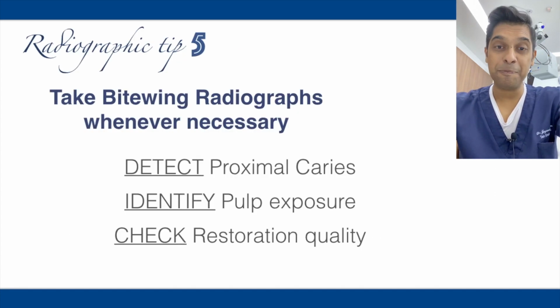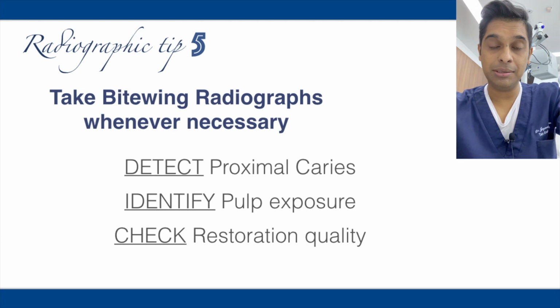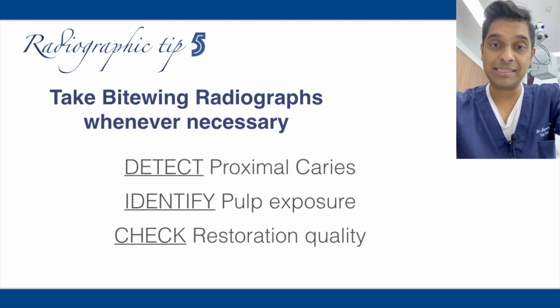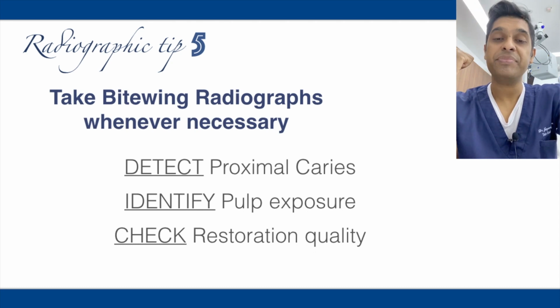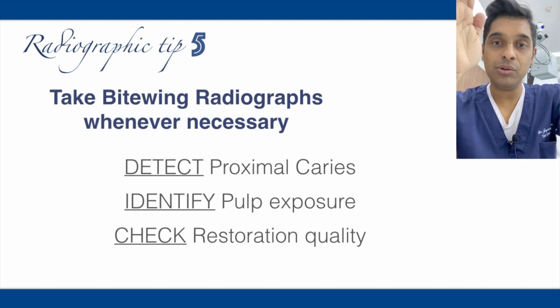Tip number 5, take Bitewing radiographs whenever needed. For pre-treatment assessment, I would do Bitewings if I want to assess proximal decay, and also when a patient has a deep distal or mesial caries very close to the nerve and I want to know if there is pulpal involvement or not.